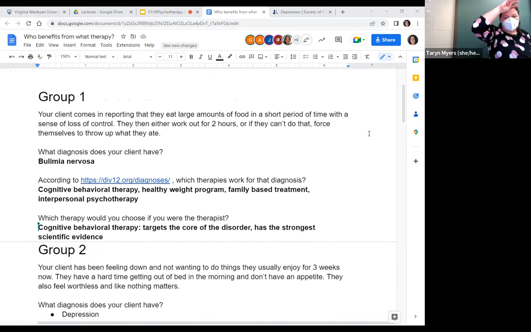So group 1, what diagnosis did your client have? And what sorts of therapies work for that diagnosis? Exactly, yeah, so lots, not as many as some of the other disorders, but this is a decent number. And which therapy would y'all choose if you were the therapist?